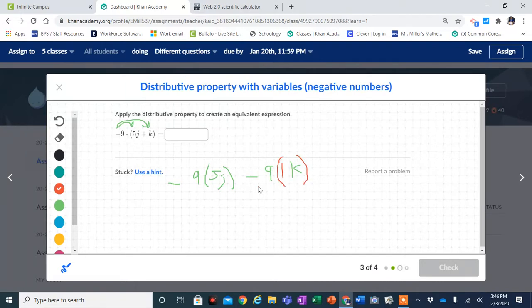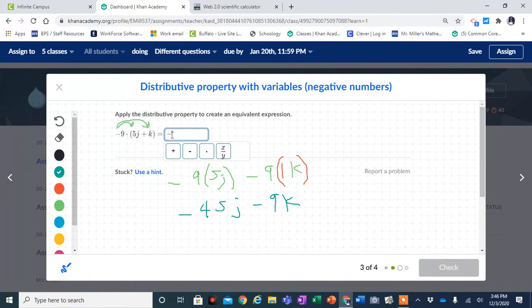So that's really 1k. So negative 9 times 5 is negative 45. Keep the letter j. Negative 9 times 1 is negative 9. Keep the letter k. So this should be negative 45j minus 9k.